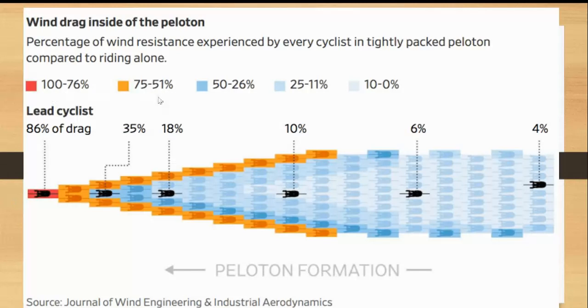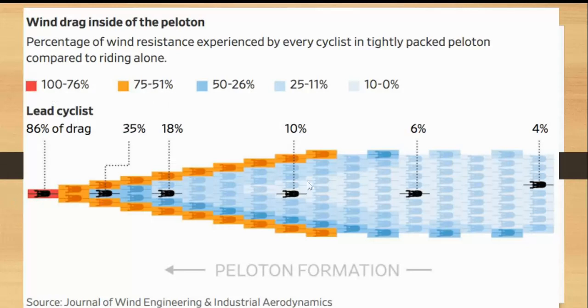You can see what happens here as people move down the pack. Even this person here, who's only behind 3 people and in line with 2 others, they're experiencing 35% of the air resistance as this person at the front because they have that protection. They're not hitting as many particles because the people in front of them are hitting those particles.